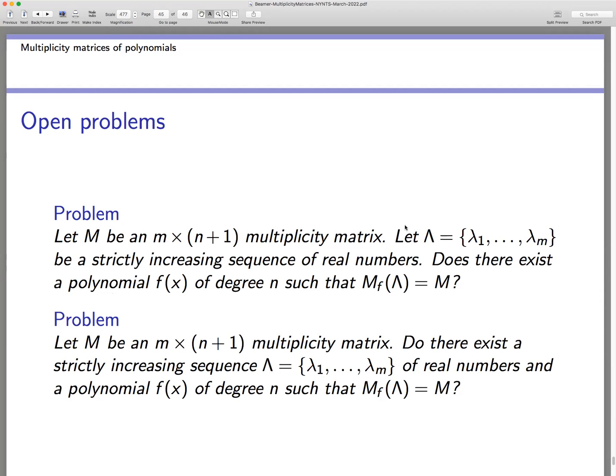If you have a multiplicity matrix and a set of numbers, lambda 0, through lambda n, is there a polynomial for which your multiplicity matrix is the multiplicity matrix of the polynomial? Or if you want to give yourself more freedom to choose the lambdas arbitrarily, if you only have two variables, it doesn't matter. It's 0, 1. Whatever works for 0, 1 works for any other numbers. But can you find a set of numbers and a polynomial for which the multiplicity matrix is the multiplicity matrix of f at lambda?